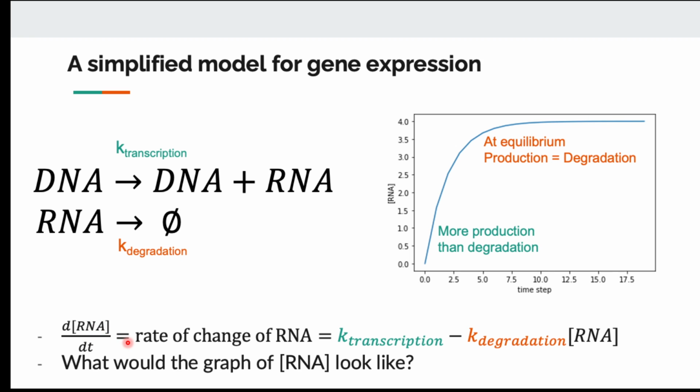So in the case of the differential equation for the dynamics of gene expression, if we want to know the equilibrium, the level of RNA that will be stable over time, we have to set this expression to 0 and then solve for the concentration of the RNA.